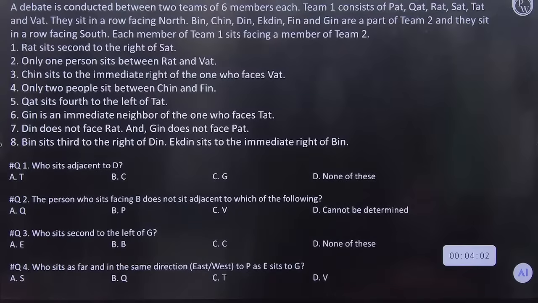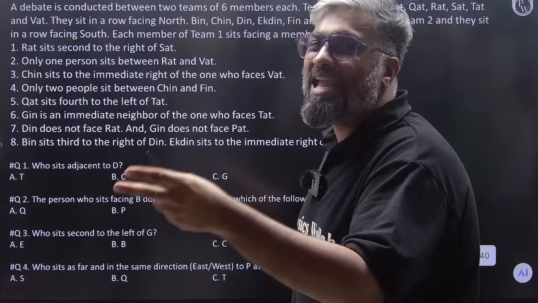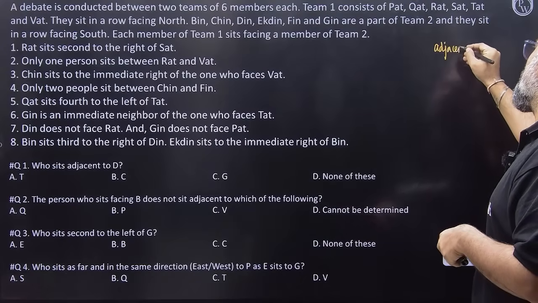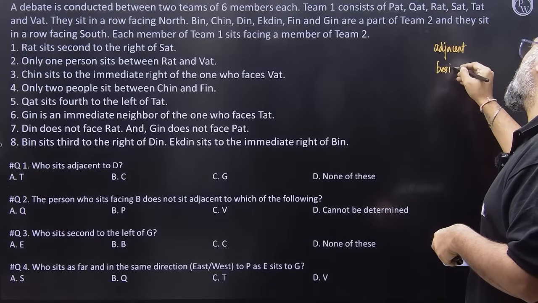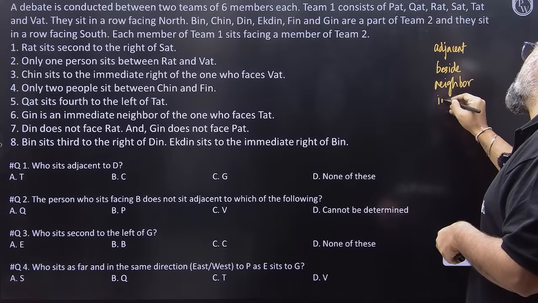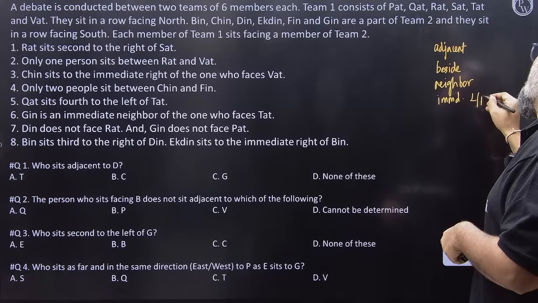Adjacent means beside, correct. Adjacent, beside like adjacent angle. What do you mean by no? Why are you bringing math here? We want to get rid of math. We want to stay away from math as much as we want. Why are you bringing geometry here? Beside, yes. Adjacent means next to, neighbor, beside. Adjacent, beside, neighbor, immediate, left or right, all mean the same.